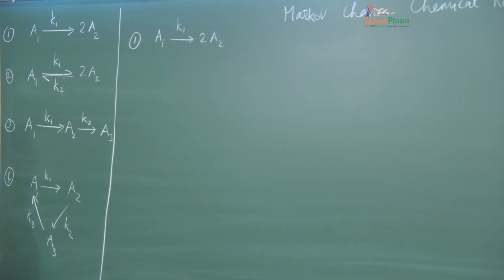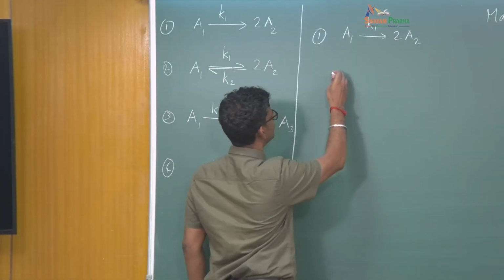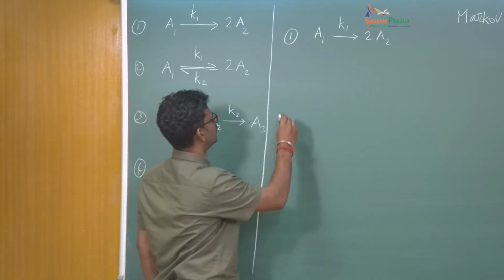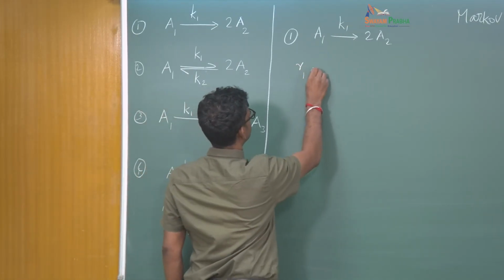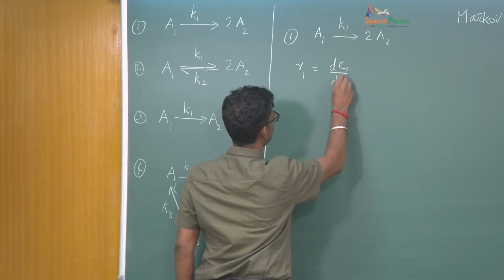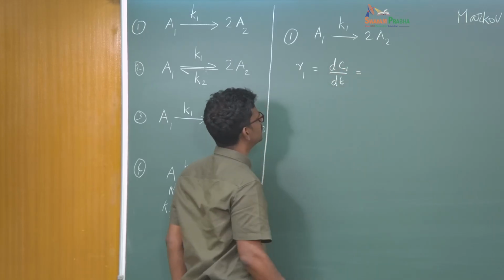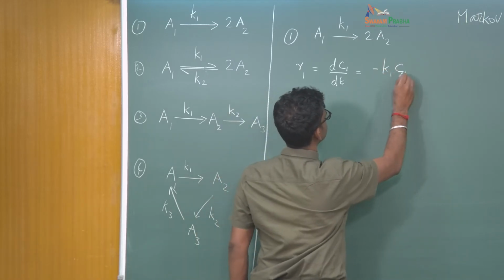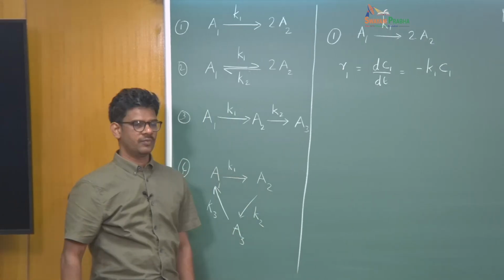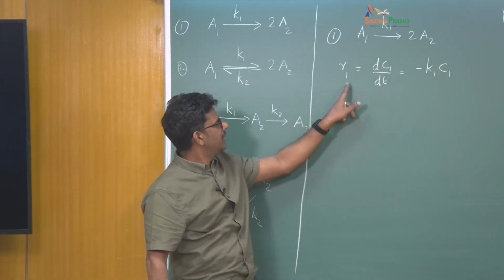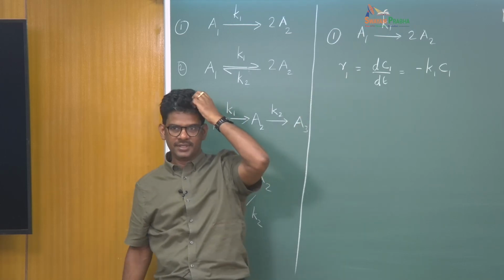Suppose I want to model this as a deterministic process. We would write that r1 is equal to dC1 by dt, which is equal to minus k1 C1, where C1 is the concentration of species 1 and r1 is the rate of the reaction.